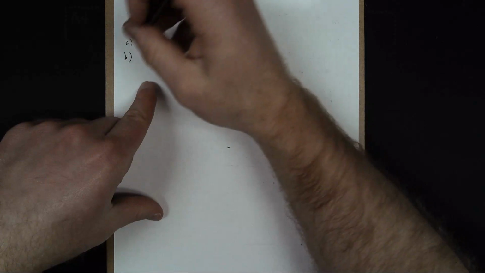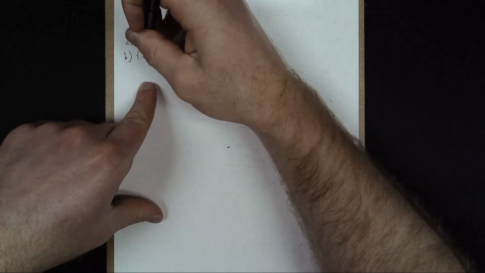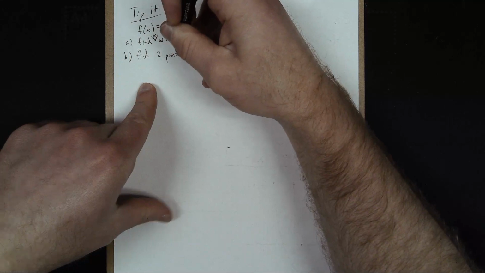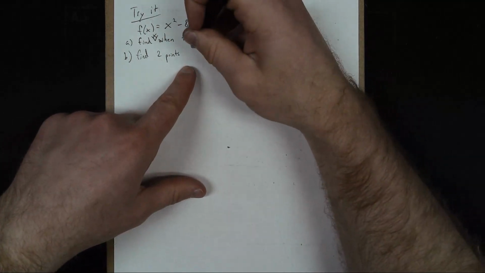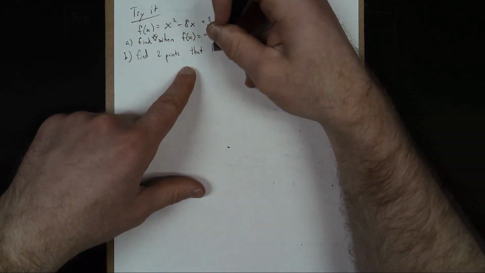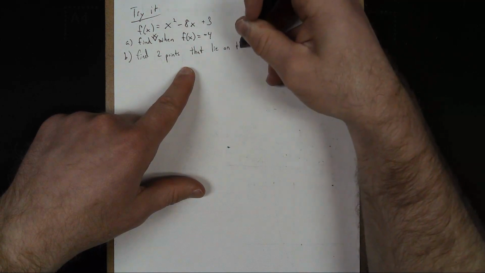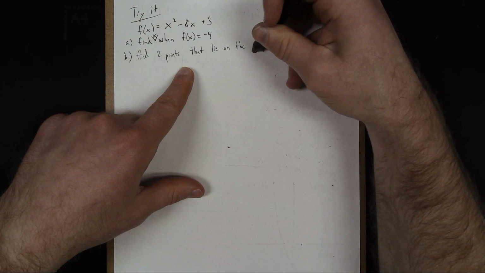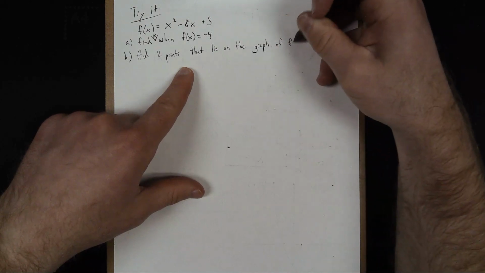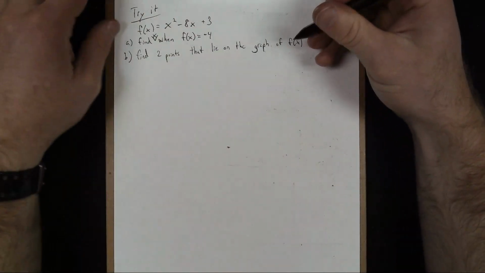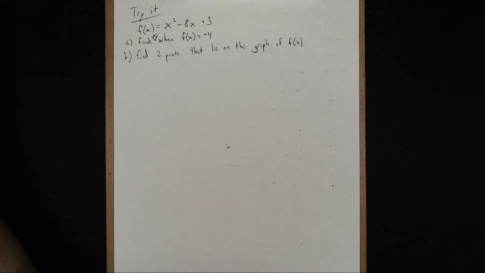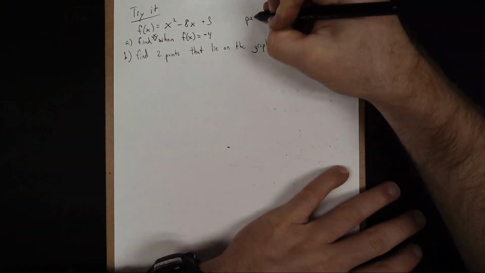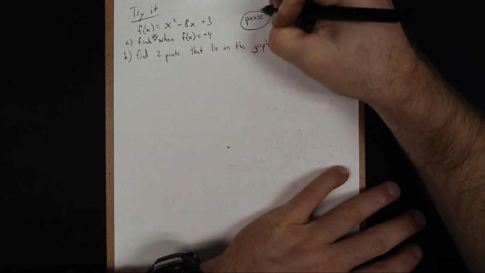And for B, find 2 points that lie on the graph of f of x. Okay. So I'd pause the video, give these a shot.